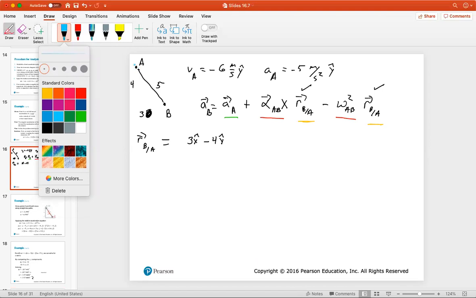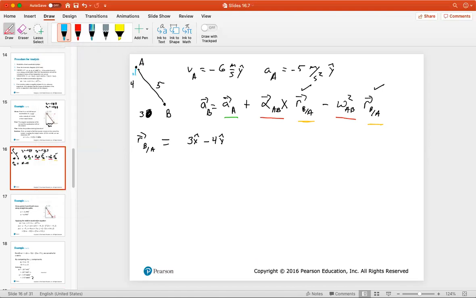So I know that point A is moving down and point B is moving to the right. If I draw the perpendicular lines of action, I know that the instantaneous center is right here.